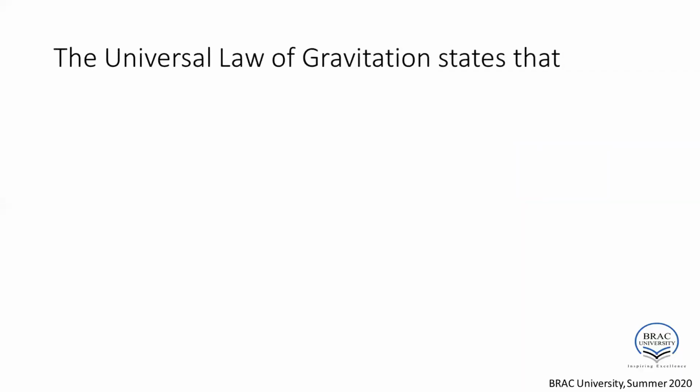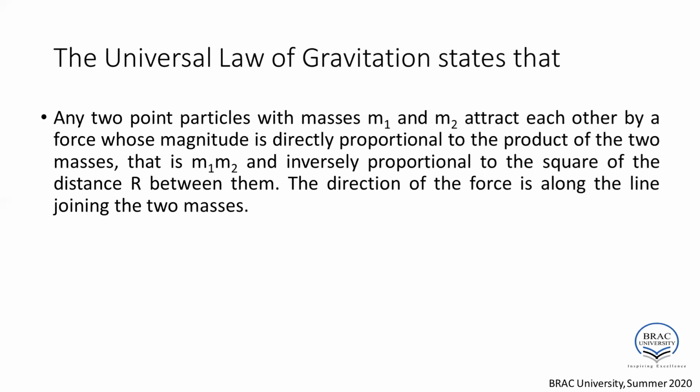The universal law of gravitation states that any two point particles with masses m1 and m2 attract each other by a force whose magnitude is directly proportional to the product of the two masses, that is m1 m2, and inversely proportional to the square of the distance r between them.